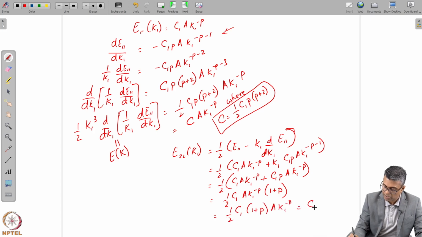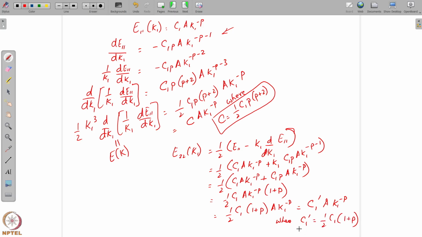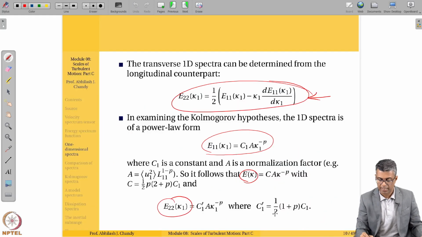So essentially what I have is half C1 (1 plus P) A kappa 1 to the minus P. I can write this as C1 prime A kappa 1 to the minus P, where C1 prime is half C1 (1 plus P). That is exactly what I had here. C1 prime is half (1 plus P) C1.